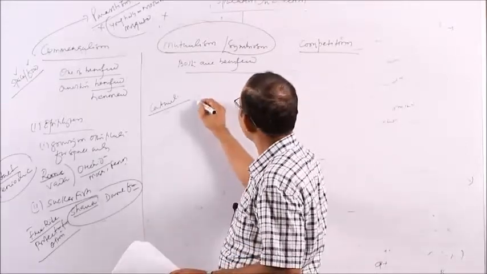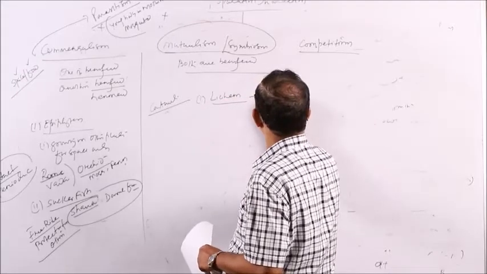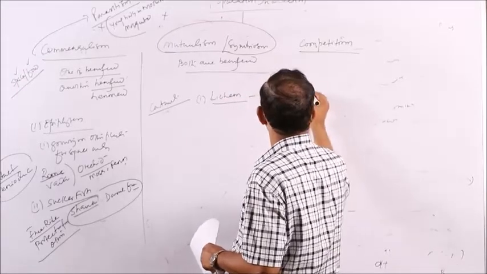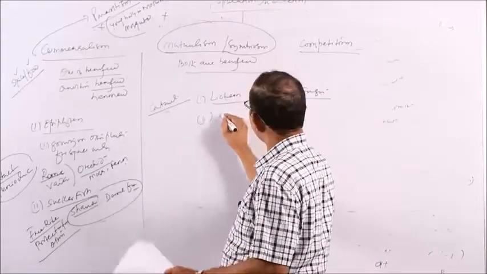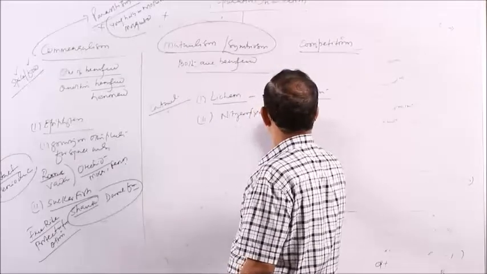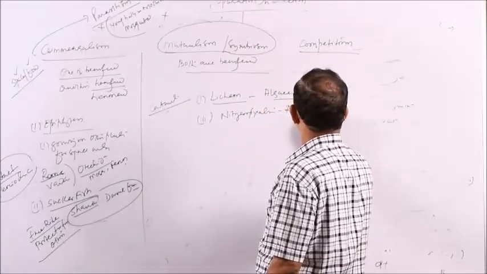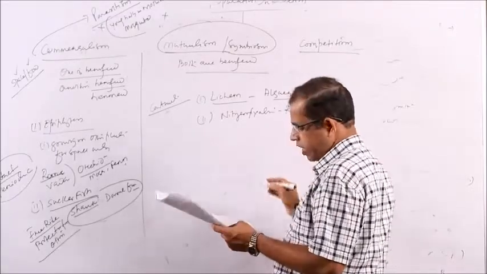If you take the example of lichen, which is an association of algae plus fungi. Second example, you can take nitrogen fixation, that is Rhizobium, Azolla. These are good examples.